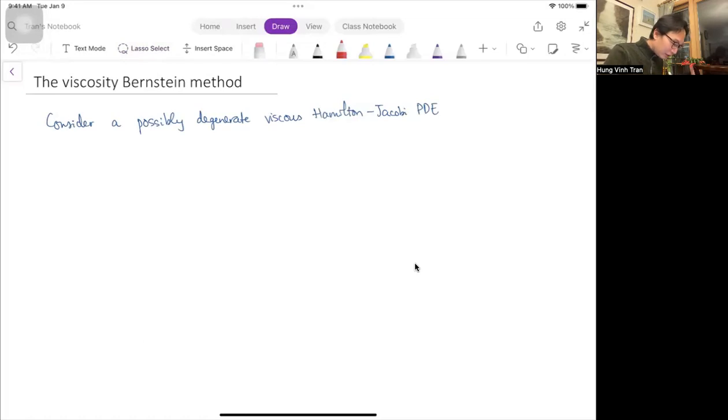So the equation of interest is the static problem with u, plus H of x, Du, the first order term, and then I have the second order term, minus trace of A(x) D squared u equals 0 in R^n.